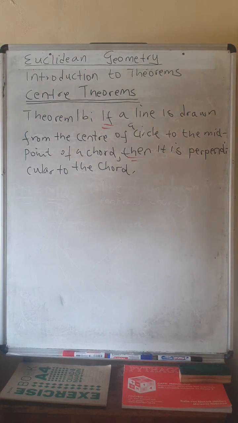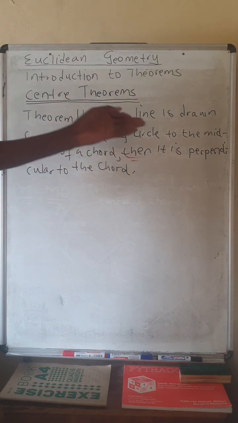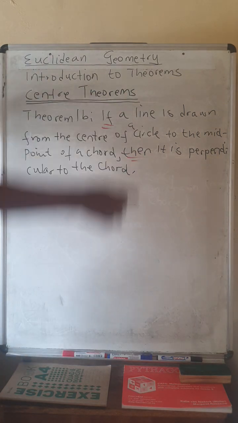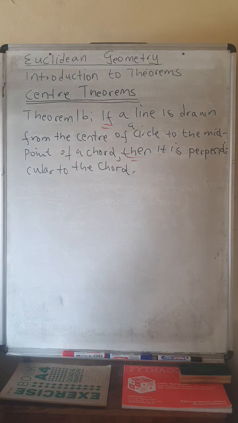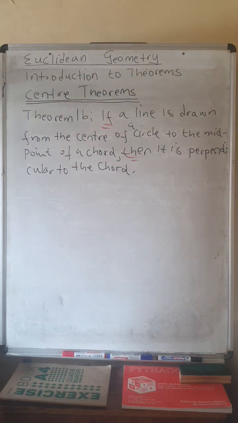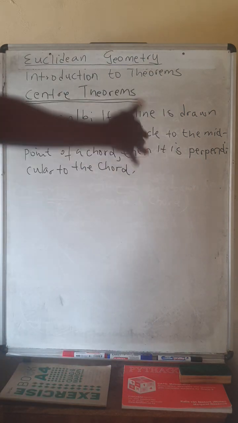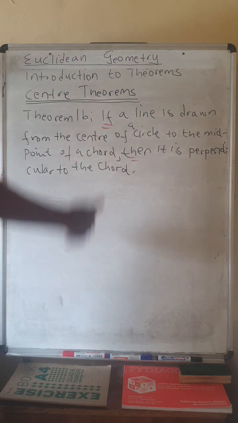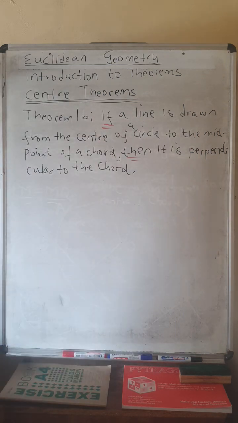That every time you come across a situation where a line is drawn from the center of the circle to the midpoint of a chord, then as a result, that line must be perpendicular to the chord. So the condition here is a line drawn from the center to the midpoint of a chord. The conclusion is that the line must be perpendicular to the chord.